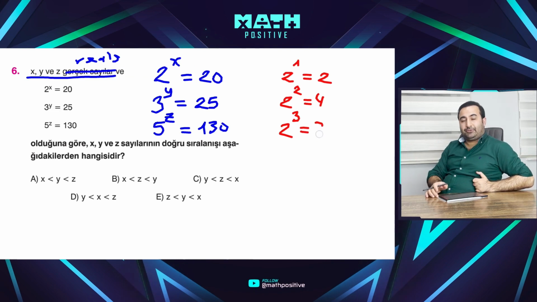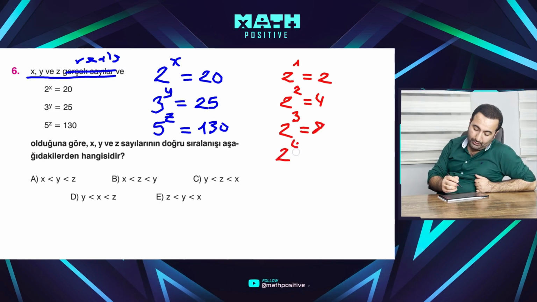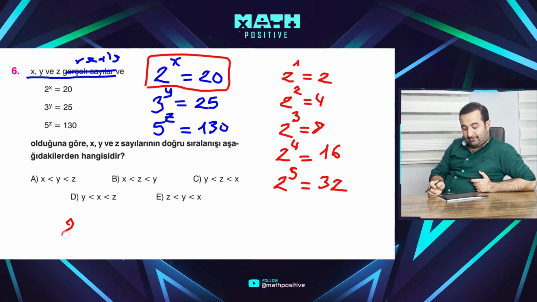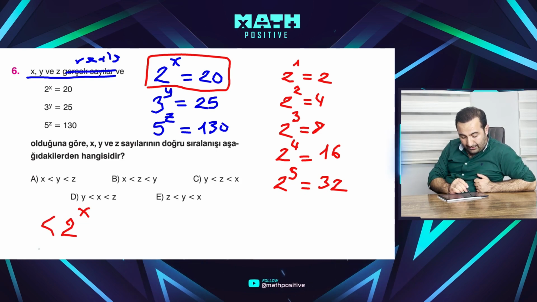If we think about the powers of 2, we will see the first power of 2 is 2. The square of 2 is 4. The cube of 2 is 8. The fourth power of 2 is 16. And the fifth power of 2 is 32. Here in the question we have 2 to the power x equals 20.